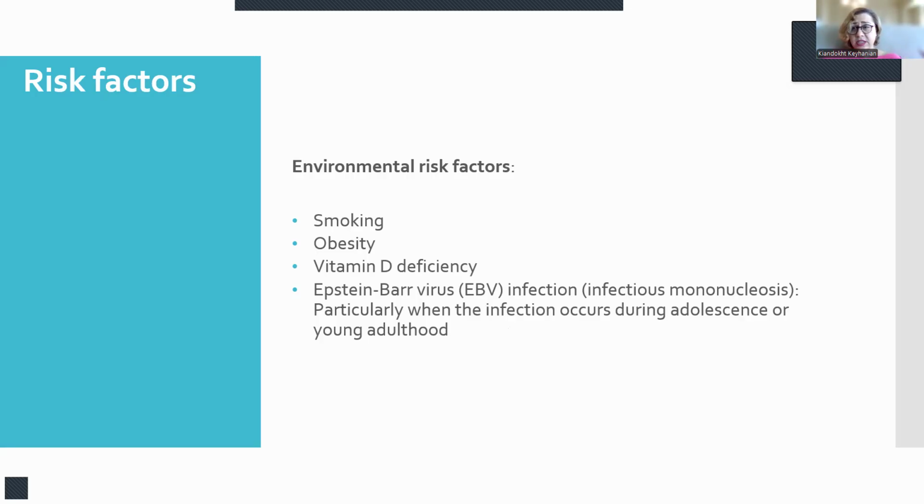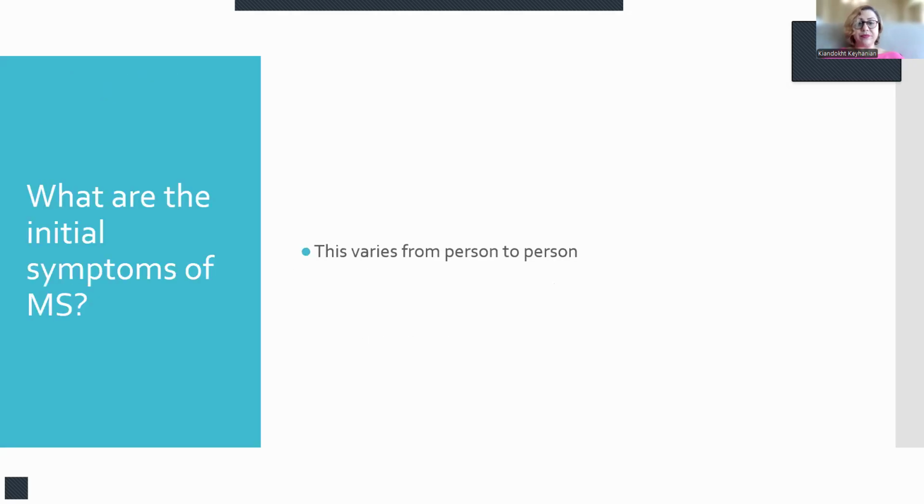Even in the old studies, they were saying it's a protective factor against getting MS. But as your kids get to adolescence or adulthood and get EBV, that's when it causes a higher number of autoimmune diseases like MS.